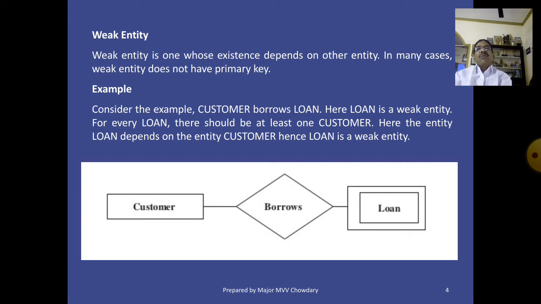The relationship between the owner entity type and weak entity type is partial. Participation between the weak entity type and the relationship is always total. Cardinality can be many to many or one to many in weak entities.